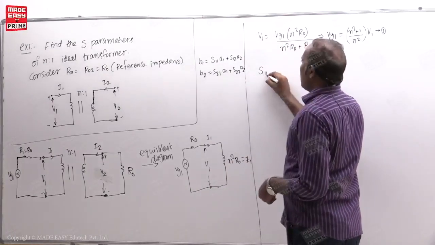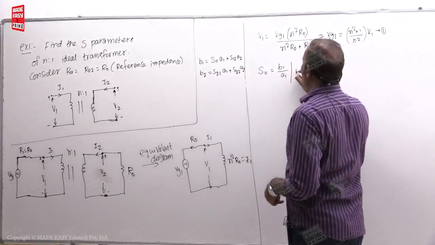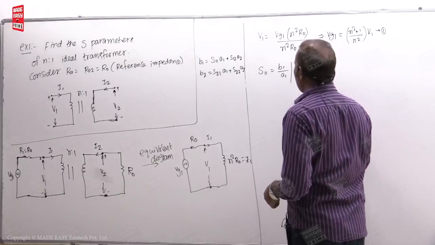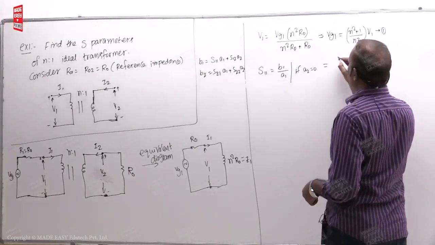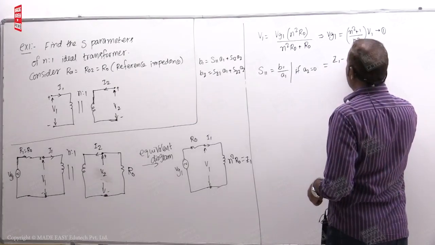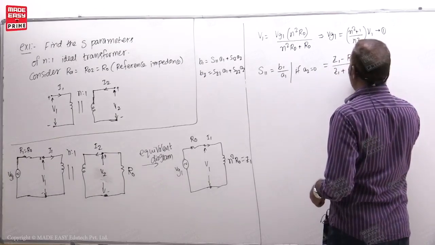Now S11 is nothing but B1 by A1, provided A2 is equal to 0, and I told you this is nothing but (Z1 minus R01) divided by (Z1 plus R01).